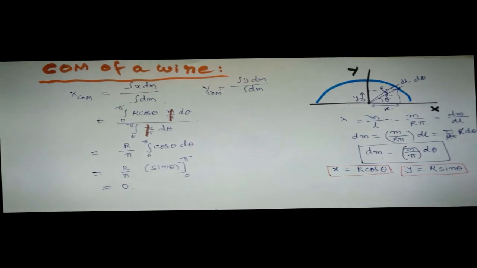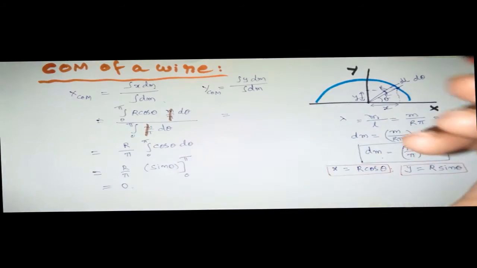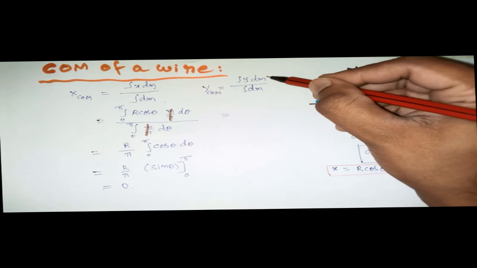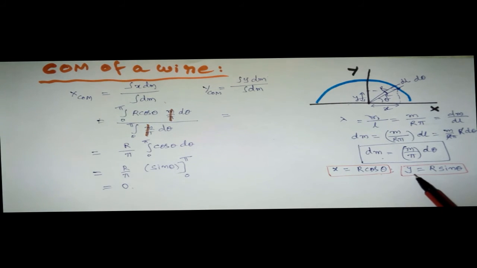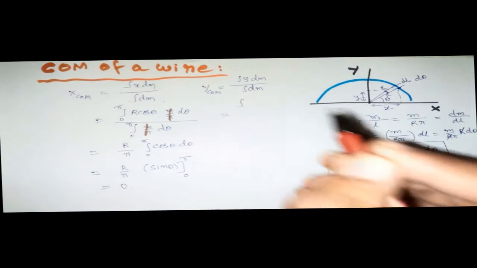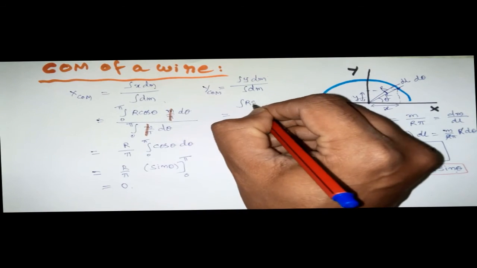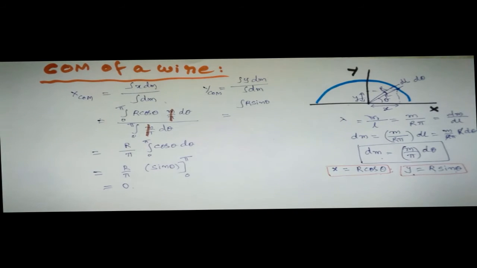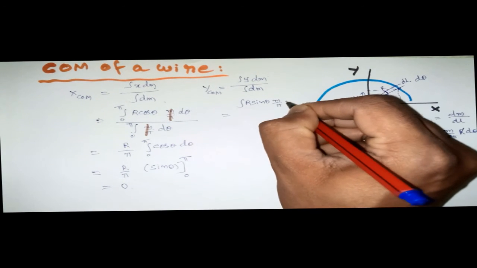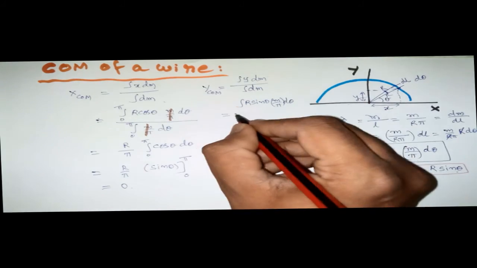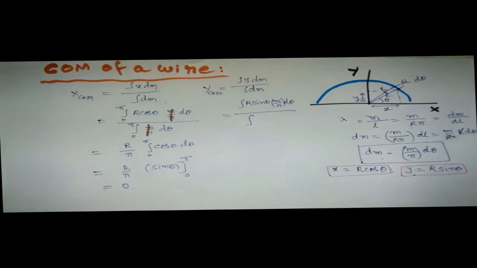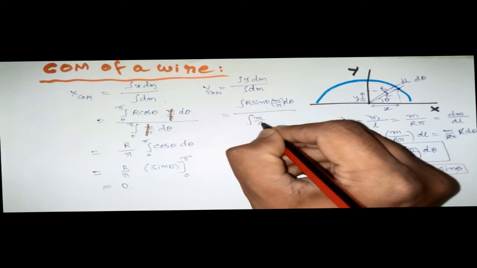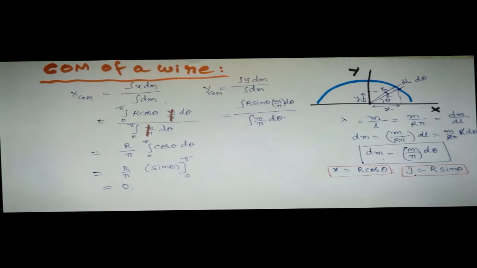Upon substituting y equal to r sin theta and dm from our previous result, we have integration of r sin theta into m by pi d theta divided by integration of m by pi d theta.